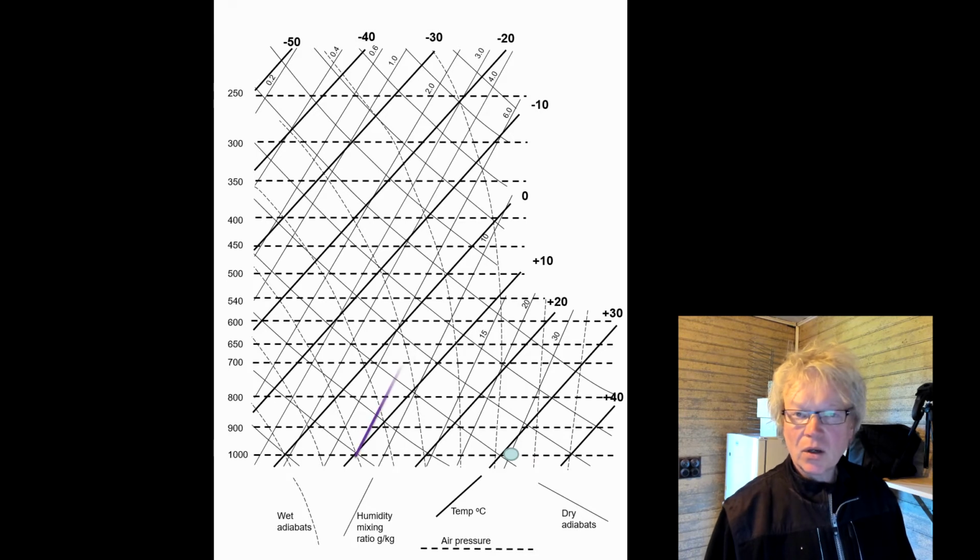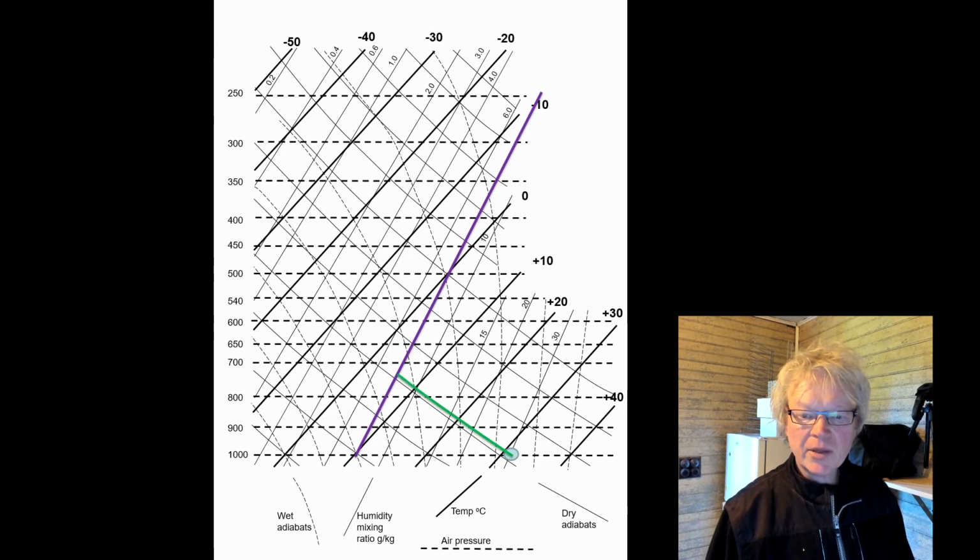Well, that's a good starting point, but we also need to know what our dew point line is. So we've measured, remember, again, we've measured the air humidity at 7.5 grams per kilogram. We can draw a line that represents 7.5 grams per kilogram. And then we can start to raise that air parcel and cool it as it rises.